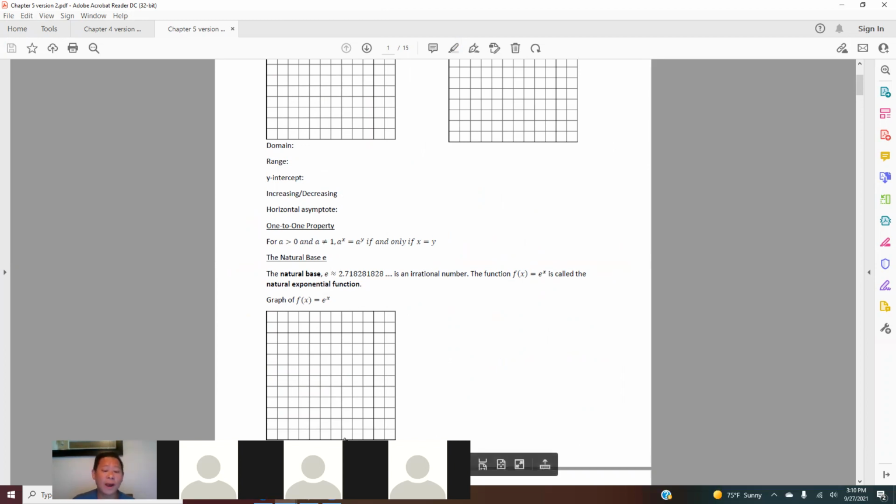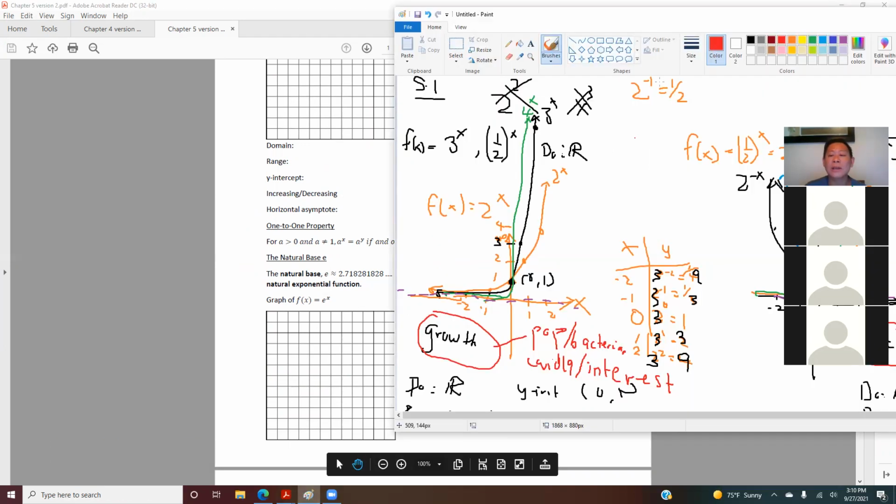So in order for you to graph e^x, E is right between 2 and 3, because we know E is 2.718. It's closer to the 3. So the graph that I drew here is e^x. Because E is 2.718, that means it's between 2 and 3. So the red one is e^x in this case.